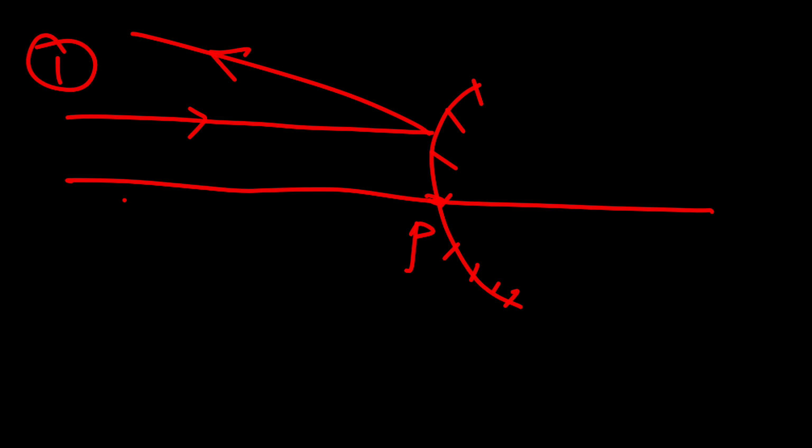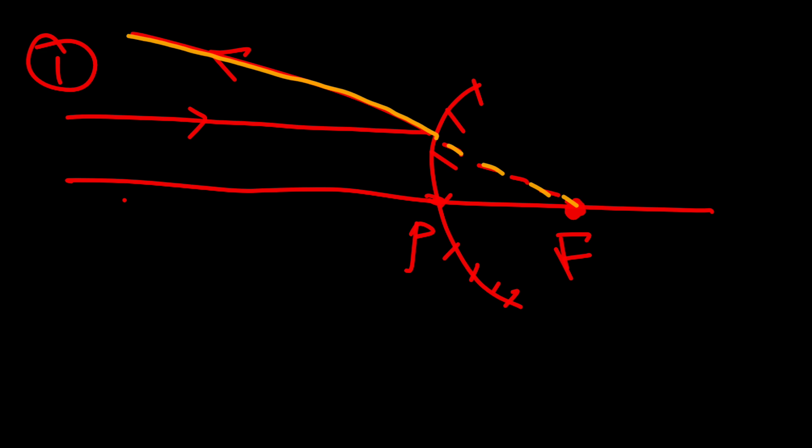So we have to extend it backward, and it looks like it touches somewhere around here, and that point we consider as the focus. So this reflected ray appears to come from the focus.